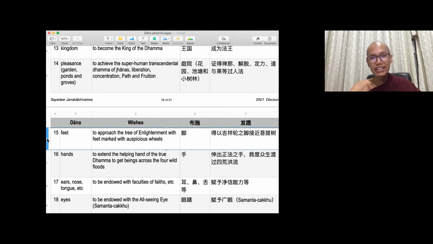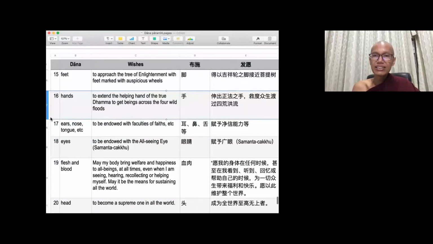Next one, hands. Donating hands. If someone needs, we donate hands to extend the helping hand of the true Dharma to get beings across the four floods. The four floods are kamoga, bhavoga, ditthoga, avijjoga. The sensual flood is difficult to cross.